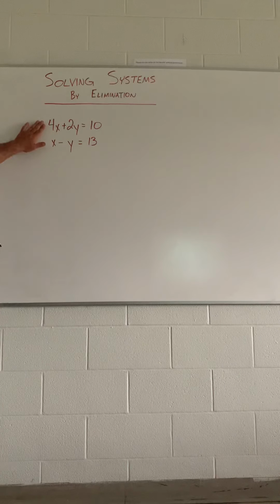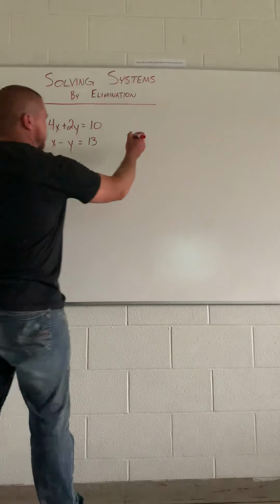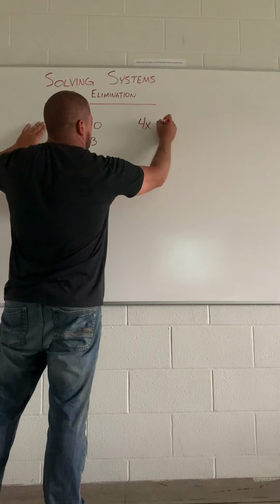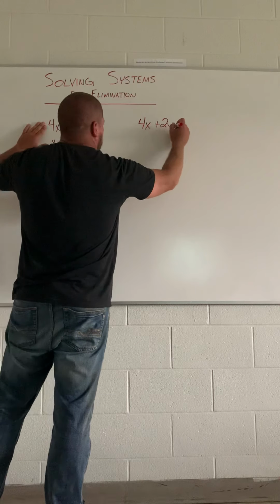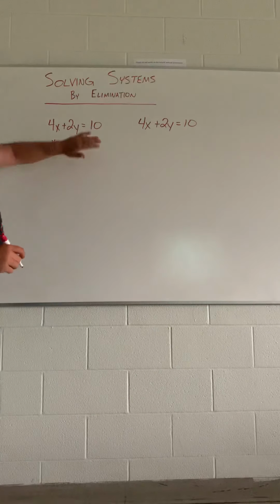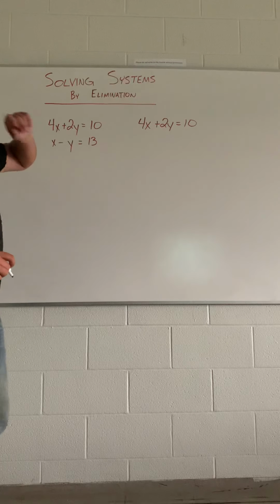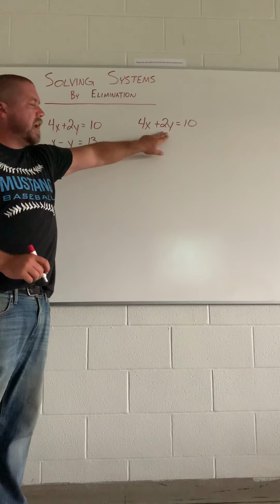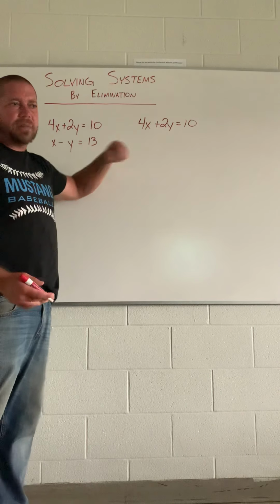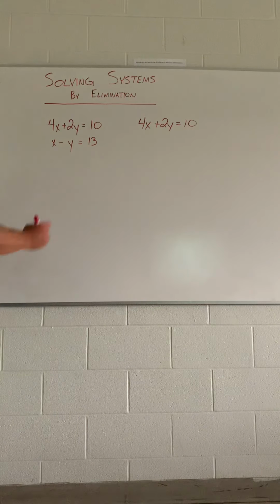So I'm going to go ahead and just write down this first equation over here. All right, and ignore everything I've got on the left side right now. I know if I have 2y, to get rid of 2y, I would have to have the opposite of it, or negative 2y. Okay?